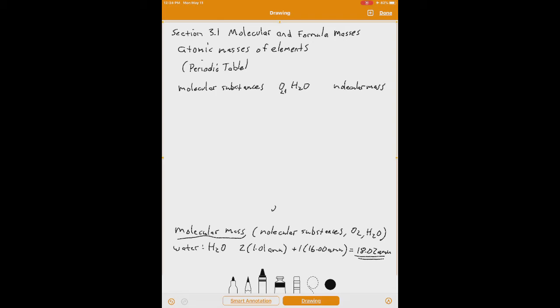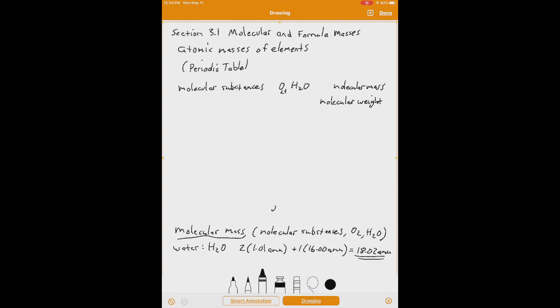There is an older term, but it's still out there, and you'll see it in the literature. It's called molecular weight. So if you see the term molecular weight, it means the same thing as molecular mass. It's just an older term.